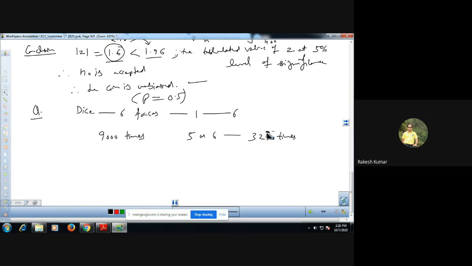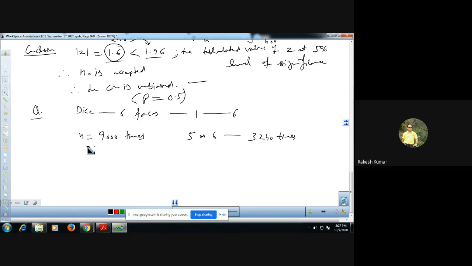This is the sample that the die has been thrown 9,000 times. On the assumption of unbiased throwing, do the data indicate that it is an unbiased dice? So we have to justify our statement whether the dice is unbiased or not.